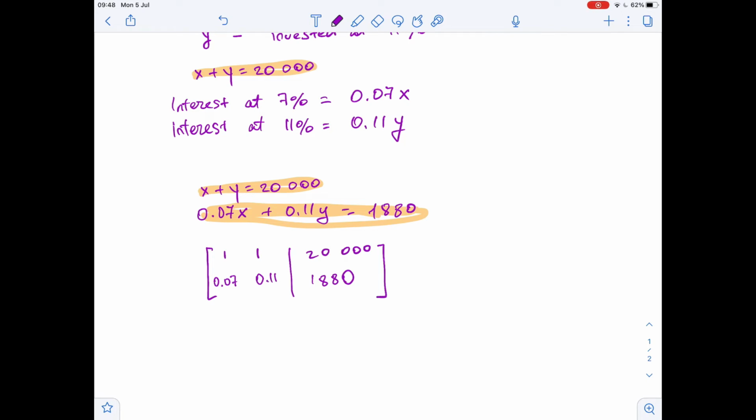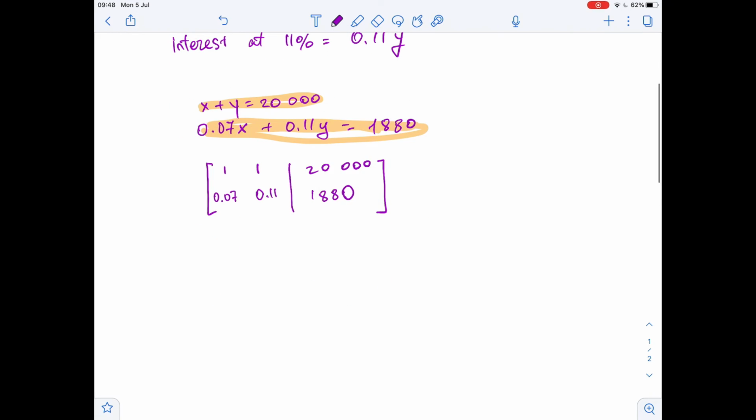So now we will perform some row operations on this matrix in order to reduce it. Our first step is to subtract row 1 multiplied by 0.07 from row 2. So row 2 becomes row 2 minus 0.07 row 1.